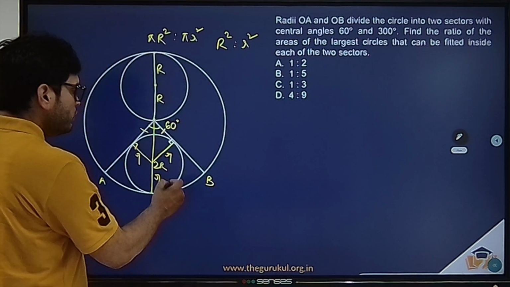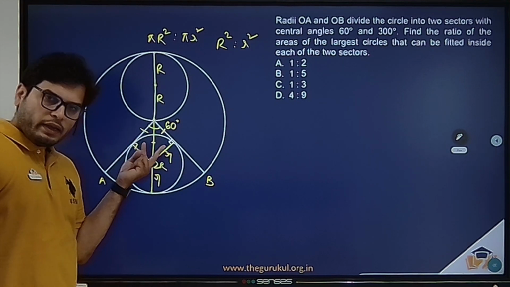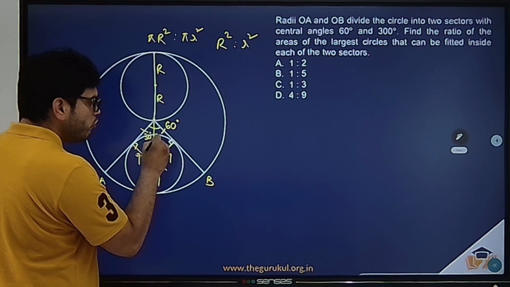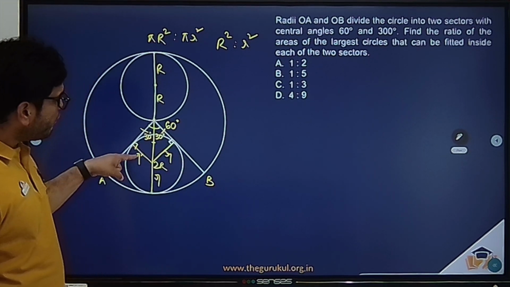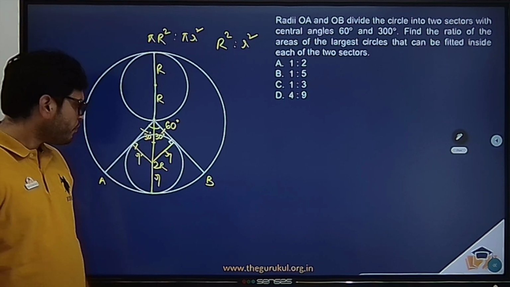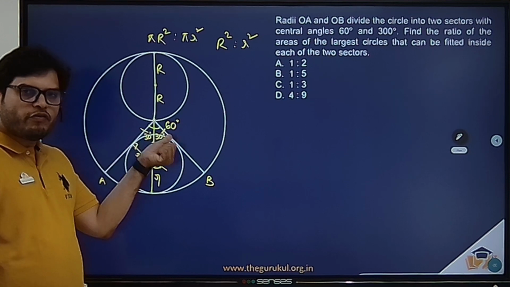These two are radii and this is a common side. So these two triangles are congruent. So this would be 30 degrees and this would also be 30 degrees. Now if this is r, the side opposite to 30 degrees is r, and this length is the side opposite to 90 degrees.